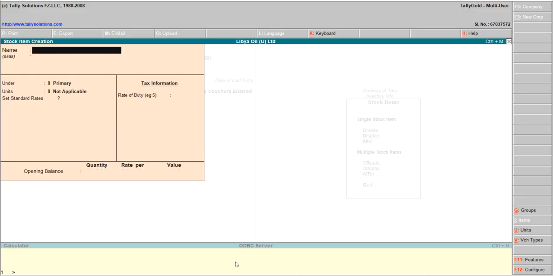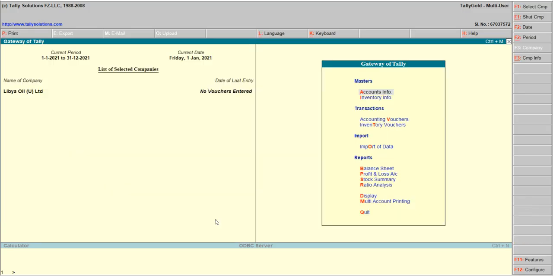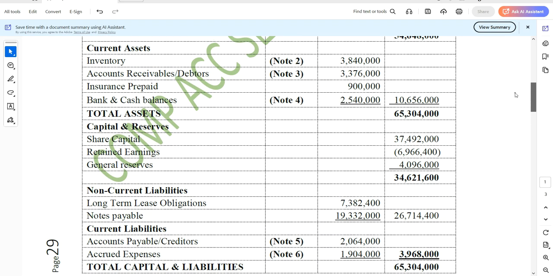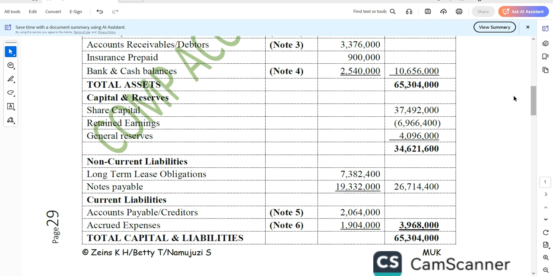Accept. You've entered all four stock items. So escape until you reach the gateway of Tally. Go back to your balance sheet. Inventory, we have entered that. Now we have to enter the accounts receivable.